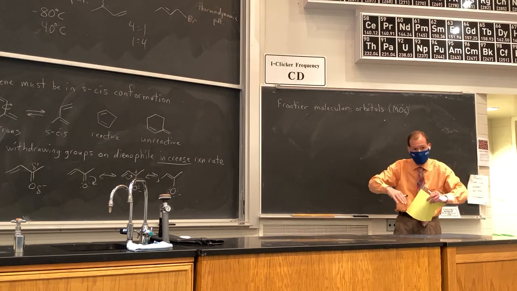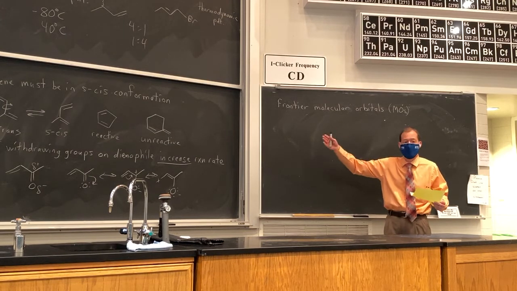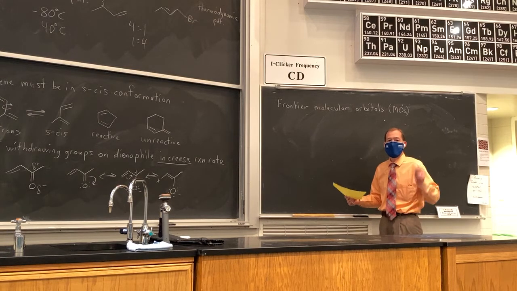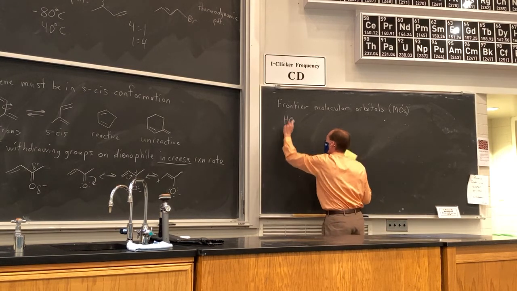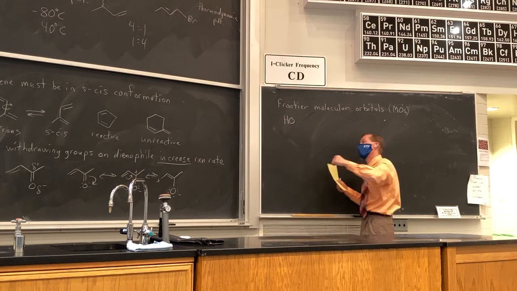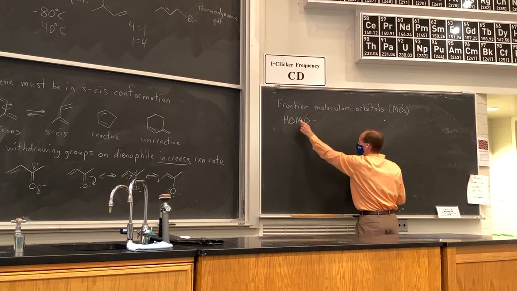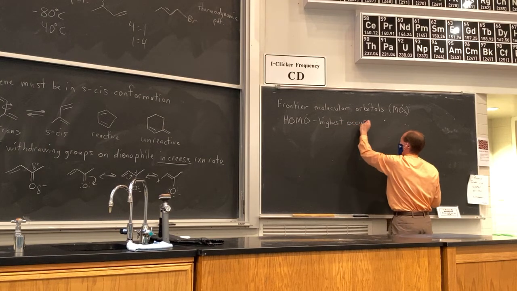Those are lower in energy. Molecular orbitals that are unoccupied, those are higher in energy, okay? And so the highest energy occupied molecular orbital is going to be on the frontier between the occupied and the unoccupied. And that's referred to as the HOMO. That stands for highest occupied molecular orbital.